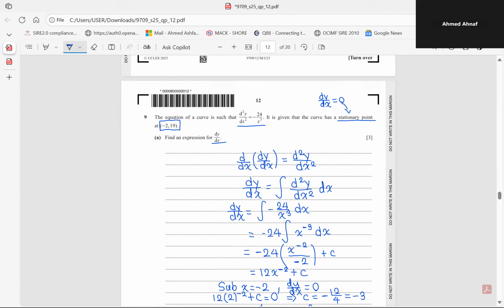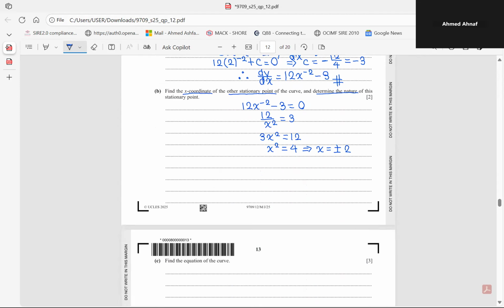So we're already given the stationary point with the x coordinate of -2. So we're not interested in that, so we're going to reject the -2. So hence, x is equal to +2.